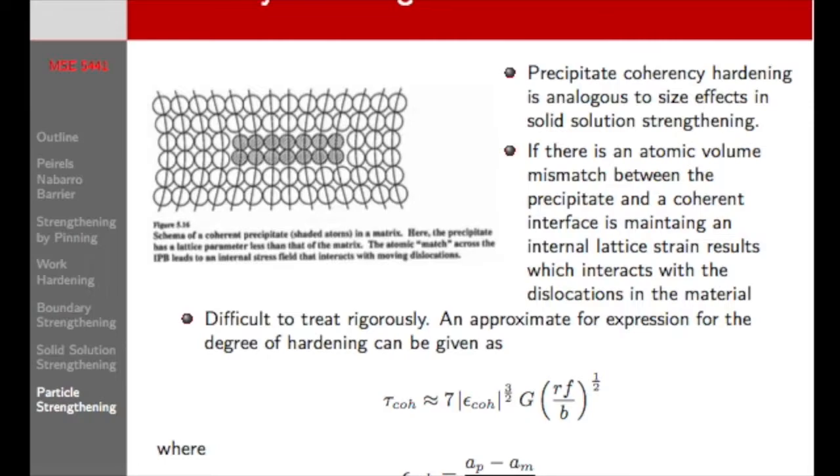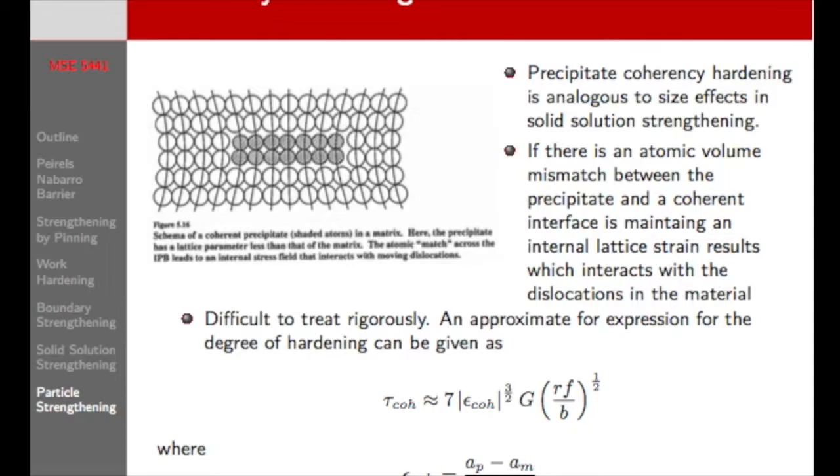So we have all sorts of coherency strains around this particle. So our lattice is distorted by an elastic field that's going to interact with those dislocations much in the same way that a substitutional individual atom, that's either smaller or larger than the matrix, is going to interact. And that's difficult to calculate except in very specific circumstances. But we can make some estimates, right?